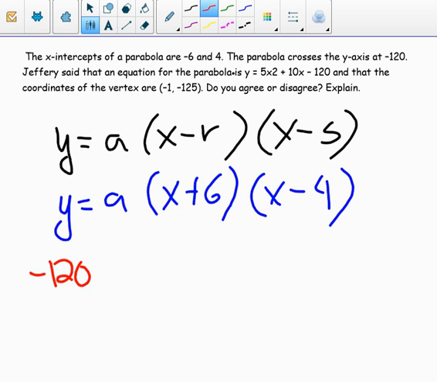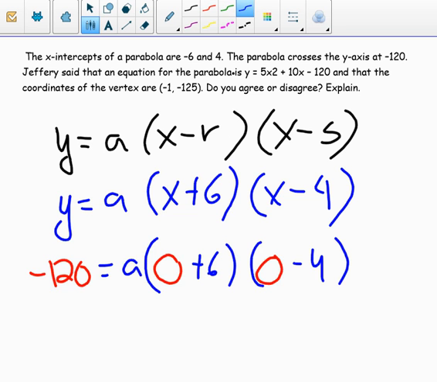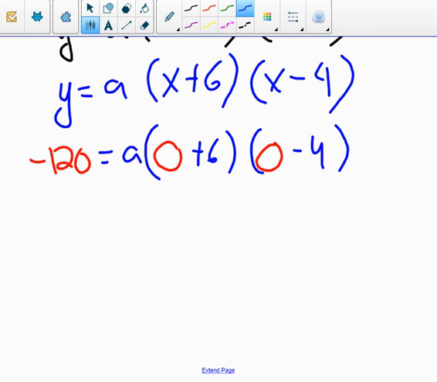So we will sub in zeros for the x's. Let's write this equation now: a(0 plus 6)(0 minus 4). Now 0 plus 6 is 6, and 0 minus 4 is -4.